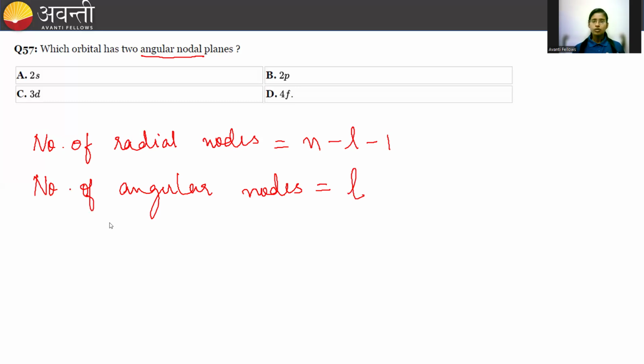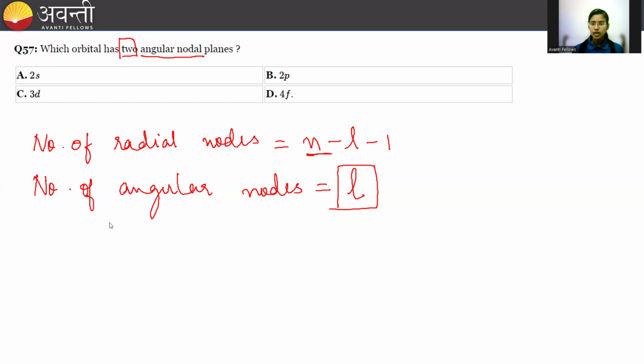So now we have to find out which option has the value of L as 2. Okay, which option has the value of L as 2. Okay, because the angular nodal plane is 2. So angular node is nothing but the value of L. And here L is the azimuthal quantum number and N is the principal quantum number.